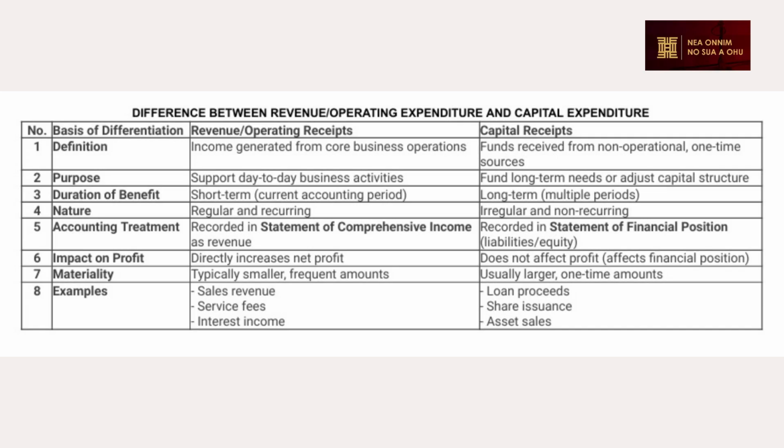Now let's give some typical examples of revenue or operating receipts and capital receipts. In the case of revenue or operating receipts, we do have revenue, which is the main source of income for the business. So in the case of those who are involved in the sale of goods, of course they are going to have it as revenue from sale of goods. For those in industries like, let's say, advertising or media, they will have it as advertising revenue.